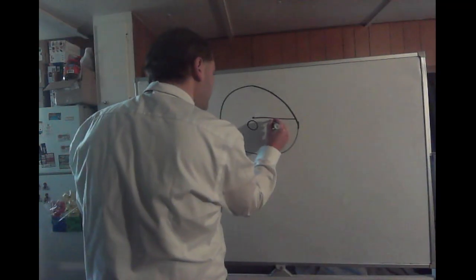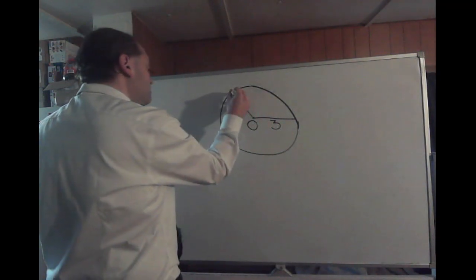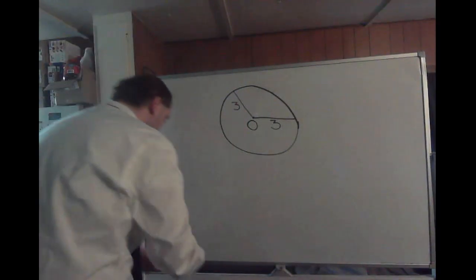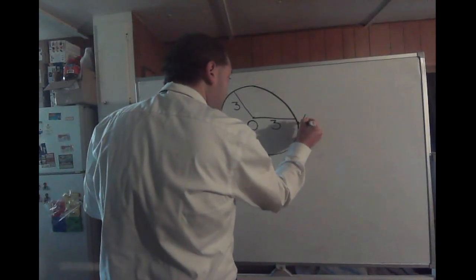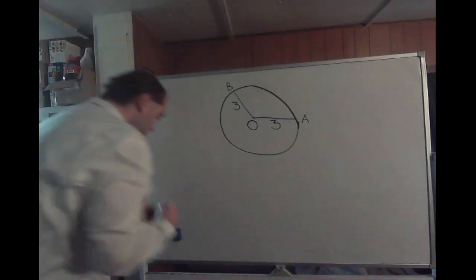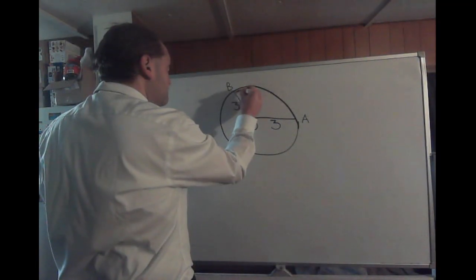See, we're going to have a radius of 3. This will also be a radius of 3. This will be point A. This will be point B. And yep, we're going to shade this entire region.